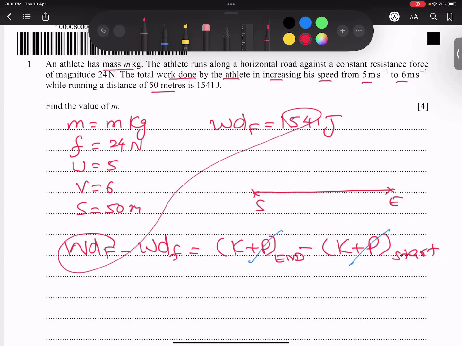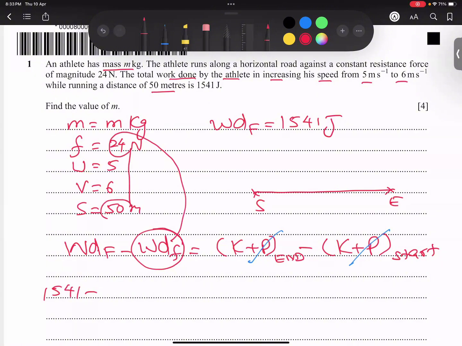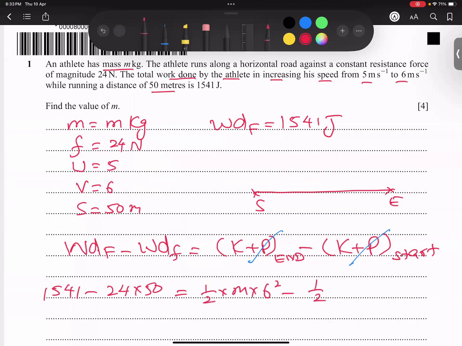This is 1541, which we already have, and this is the friction force times the distance, so I multiply 24 times 50. Kinetic energy at the end point is half m 6 squared, and half m u squared is half m 5 squared.